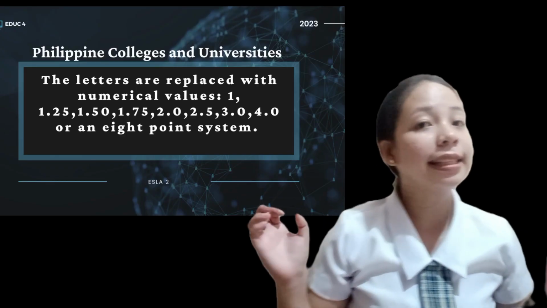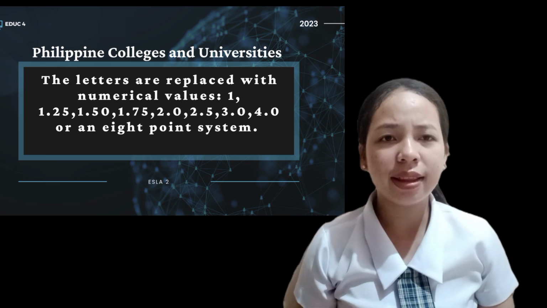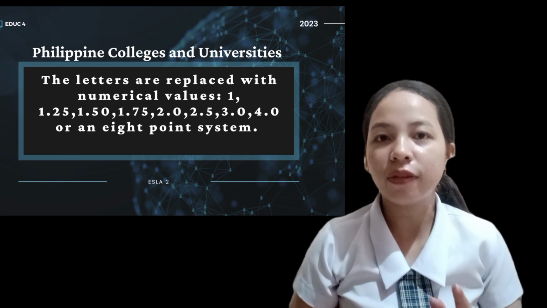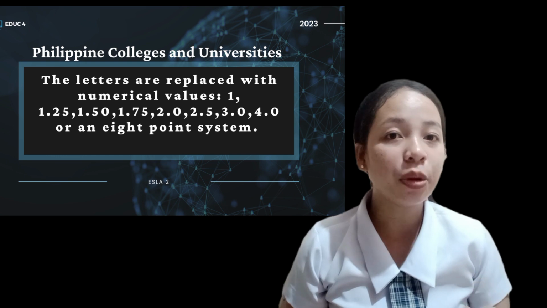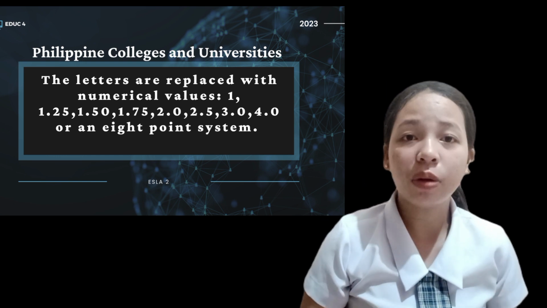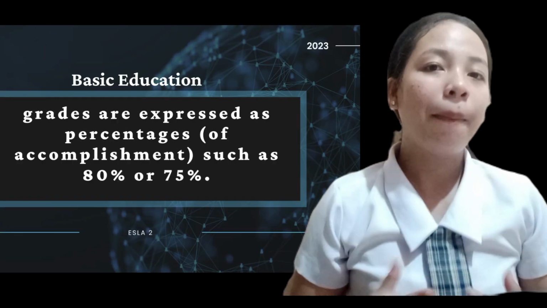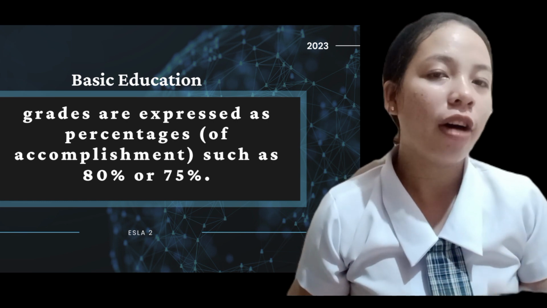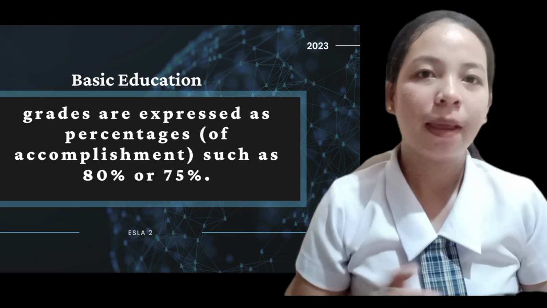While in the Philippines, colleges and universities, the letters are replaced with numerical values such as 1, 1.25, 1.50, 1.75, 2.0, 2.5, 3.0, 4.0, or an 8-point system. In basic education, grades are expressed as percentages of accomplishment, such as 80% or 75%.